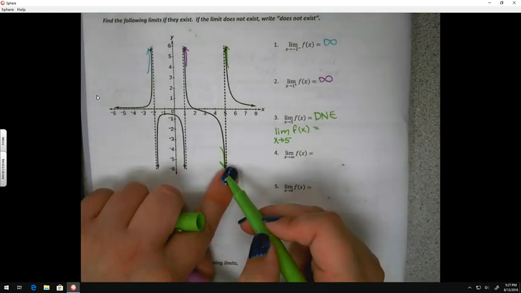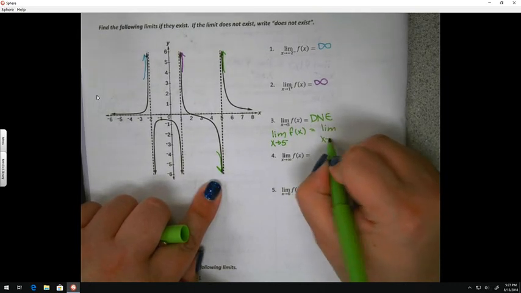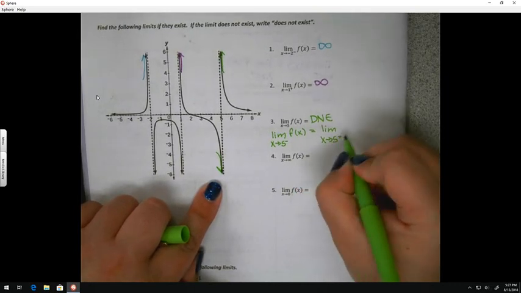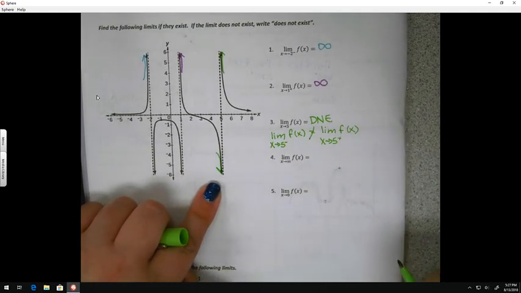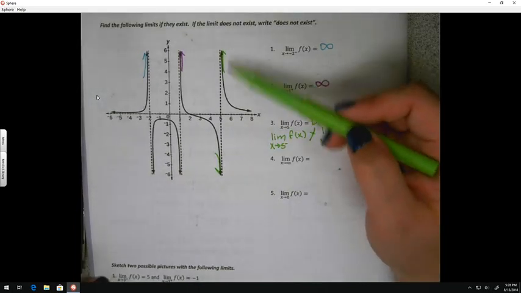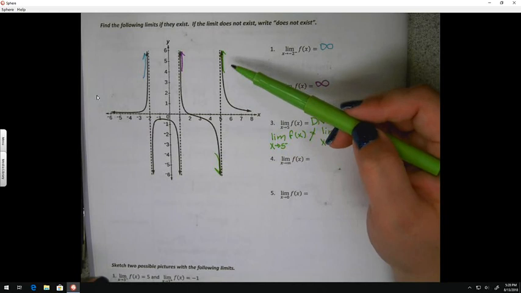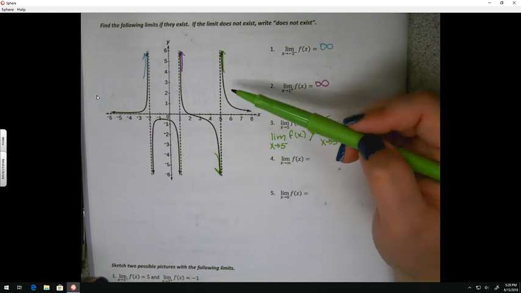This is going down. And then the limit as x approaches 5 from the right of f of x. And we know that those two values are not equal to each other. So the overall limit doesn't exist. And we can tell that just by looking, right? At x equals 5, there's a vertical asymptote. So on both sides of it, they're doing something different.